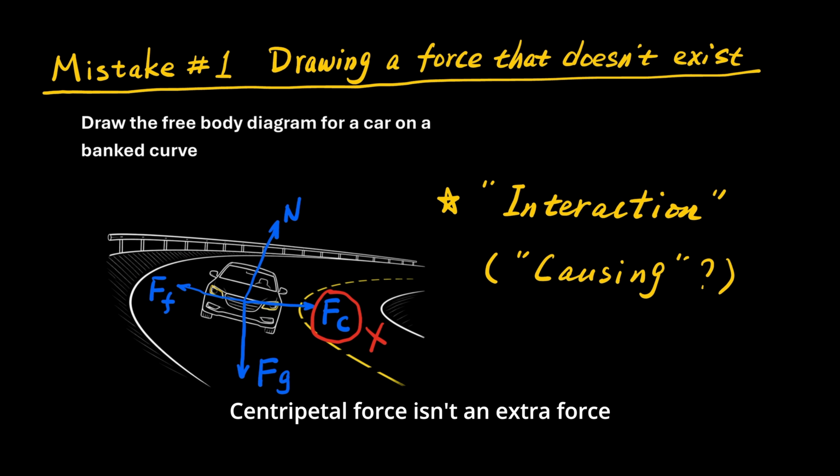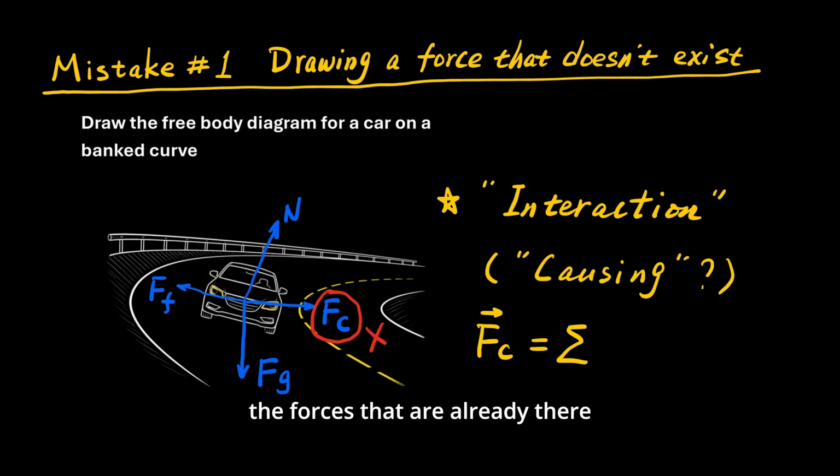Centripetal force isn't an extra force. It's simply the net force provided by the forces that are already there. The normal force, the gravity, friction, or a combination of them, depending on the situation. So never draw centripetal force on your free body diagram.